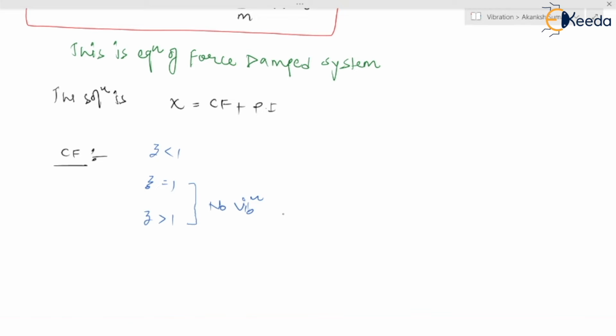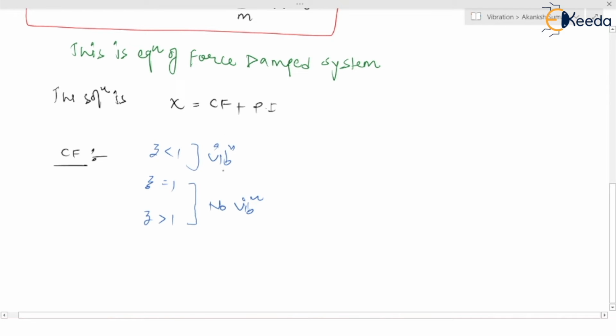But in the case of an underdamped system, we can get to-and-fro periodic motion. That's why this is considered vibration. So there is only one possibility where the vibrations will be there.